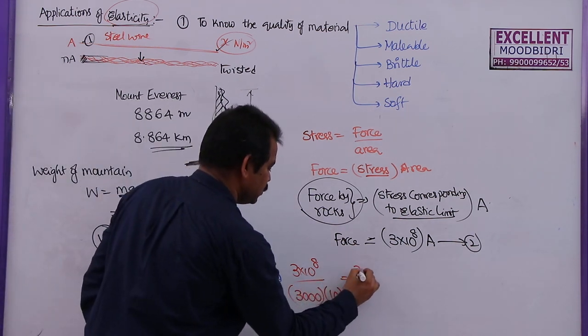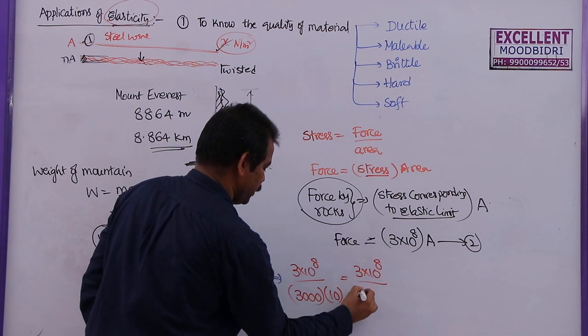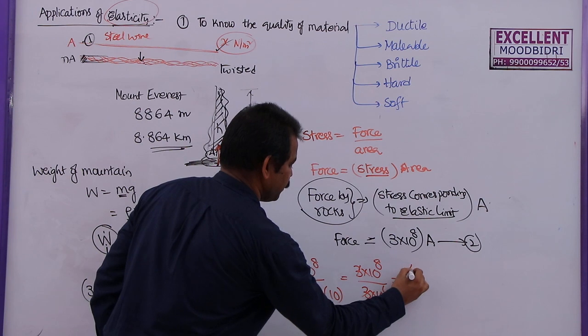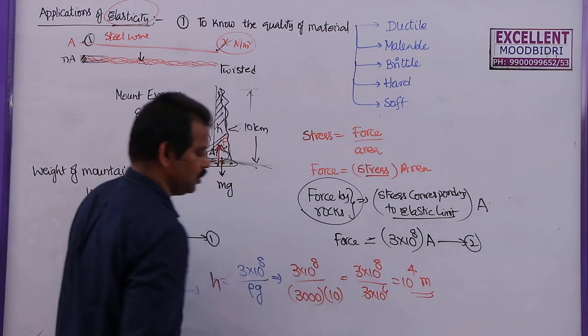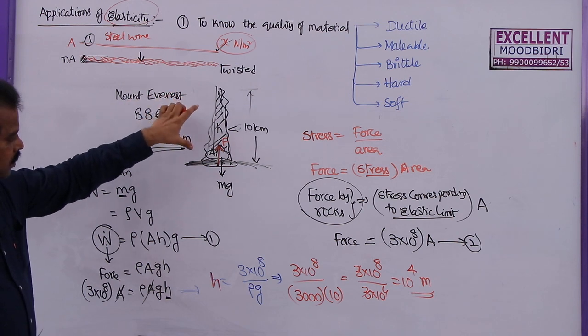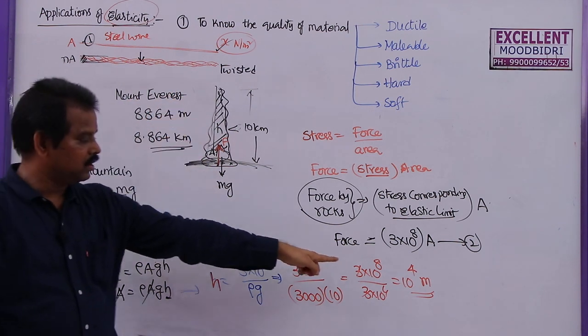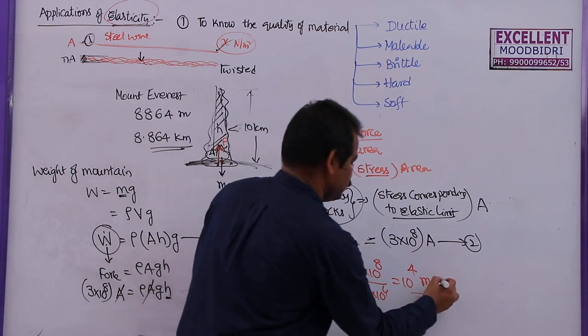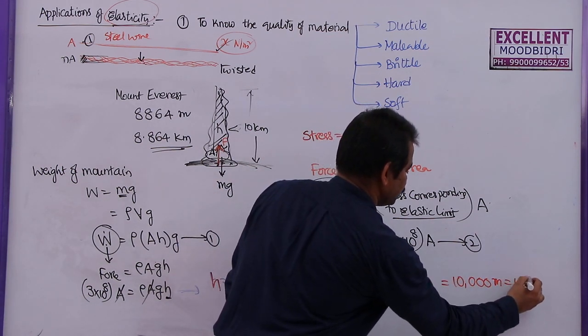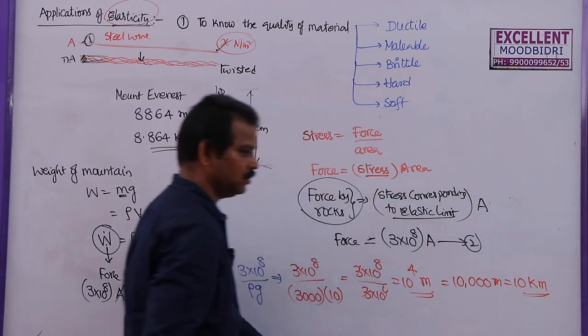So this can be written as 3 into 10 power 8 by 3 into 10 power 4, which becomes 10 power 4 meters. So the maximum height of a mountain on the surface of earth is 10 power 4 meters, which is 10,000 meters or simply 10 kilometers.